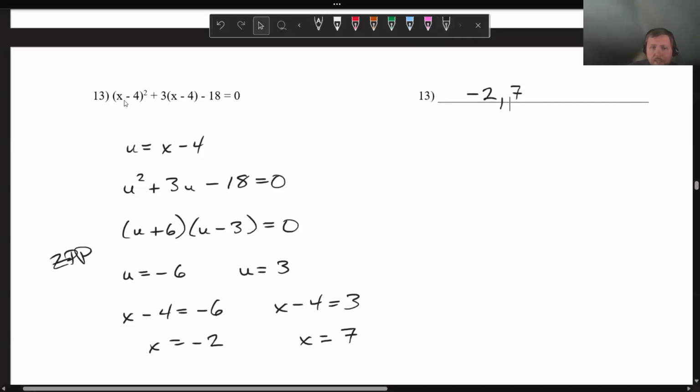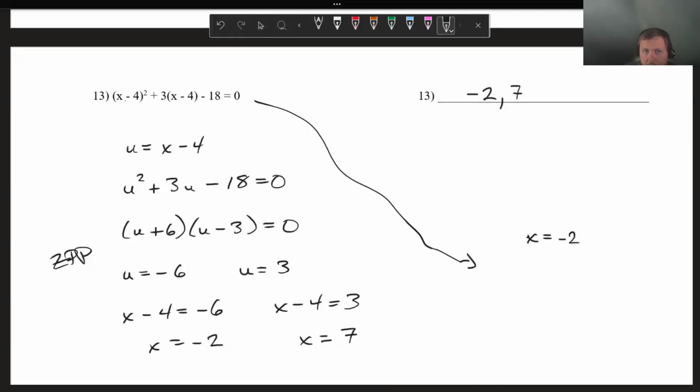And since I goofed on that, let's just double check. So if x is negative 2, my original equation is negative 6 squared plus 3 times negative 6 minus 18. So I have 36 minus 18 minus 18.